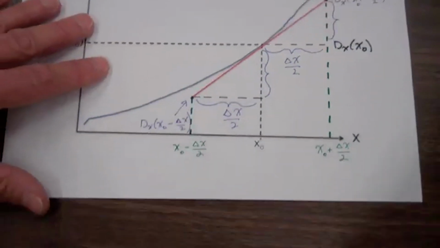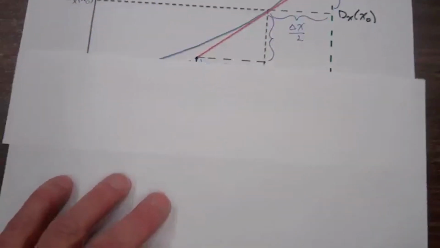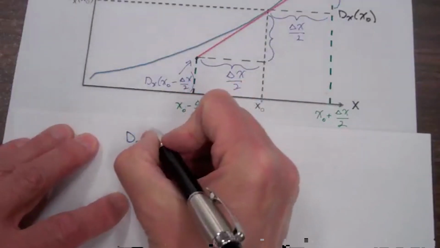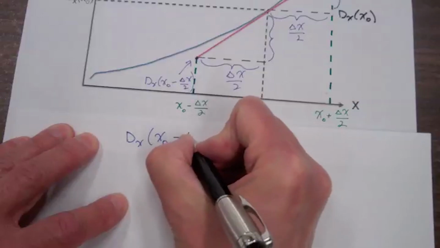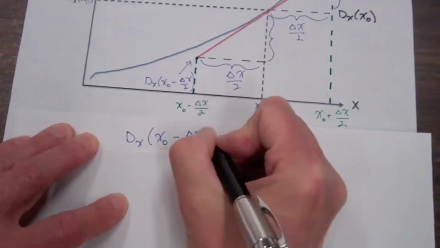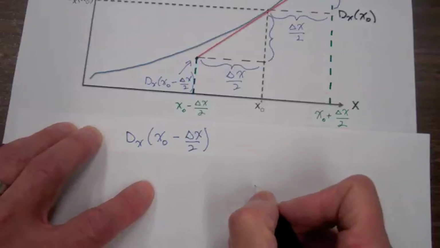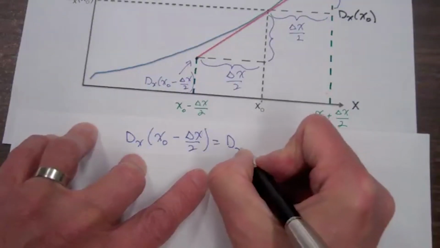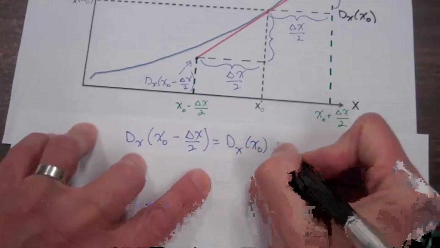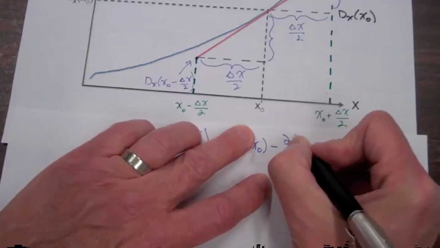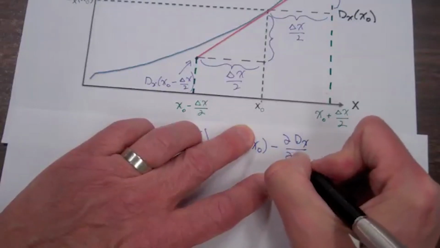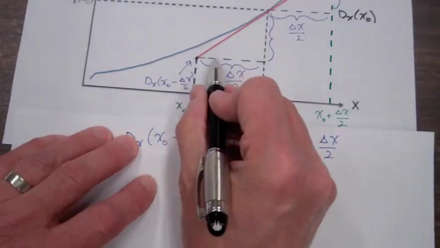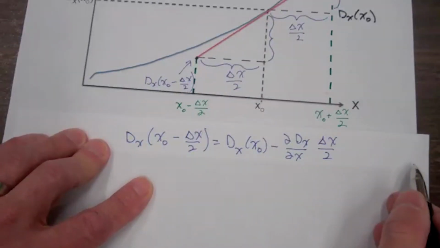So D sub x at x sub 0 minus delta x over 2, the back face of our cube, will equal the value of D sub x in the center of the cube minus the rate of change of D sub x with respect to x times delta x over 2.